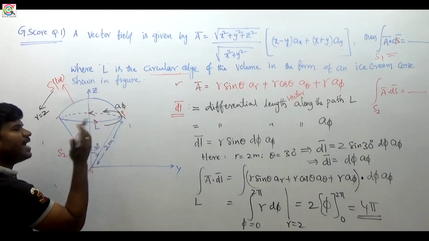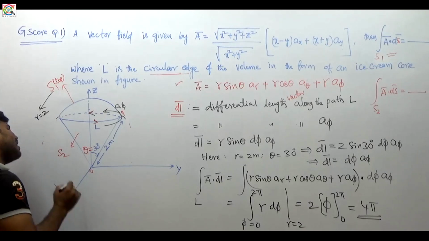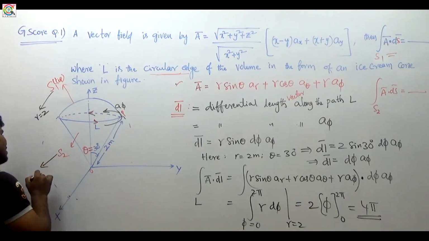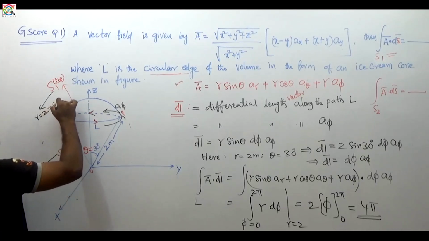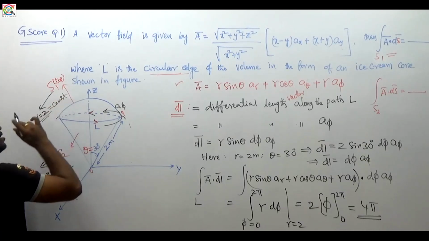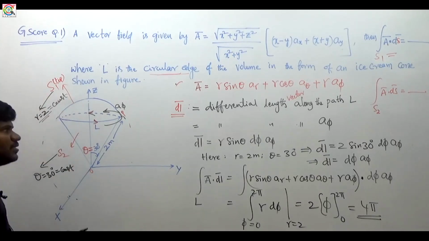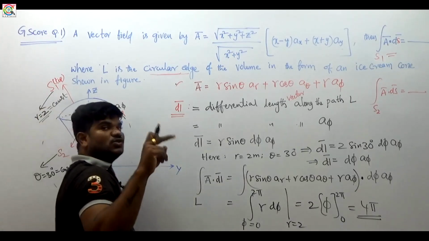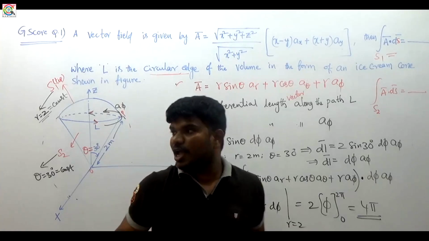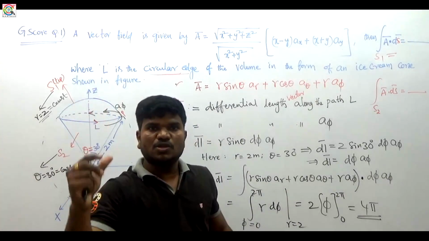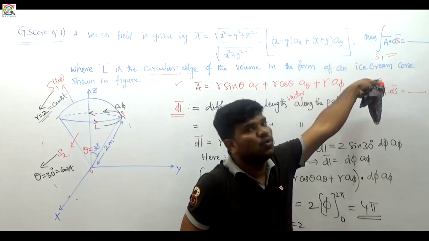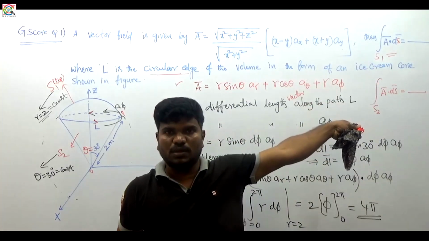So it is a theta equals 30 degrees, constant surface. So r equals 2 is a constant surface. For an r equals constant surface, we have to write the dS bar, and for a theta equals constant surface, we have to write the dS bar. So there are two questions. You solve these questions at home.